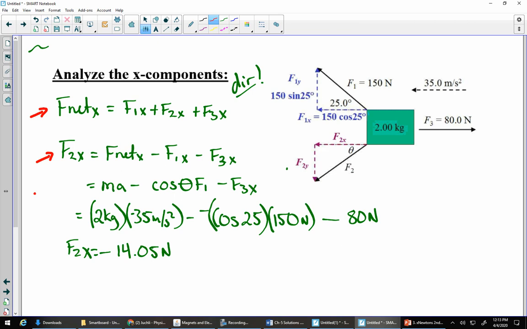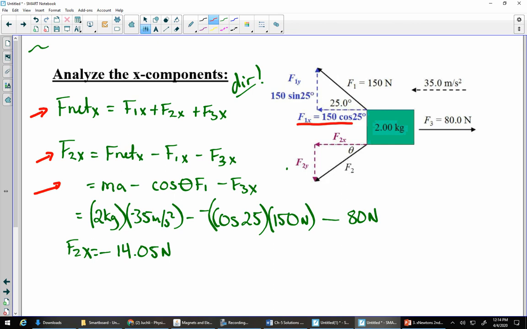Then I start to expand on what we've seen here. I know that my net force is mass times acceleration. I know that F1 in the x component, from the diagram, we're dealing with cosine. And I know that F3 in the x component is just F3. There's really nothing else there. It's all x component.